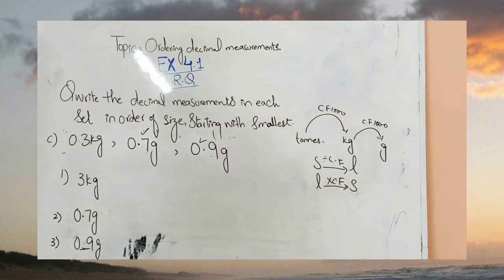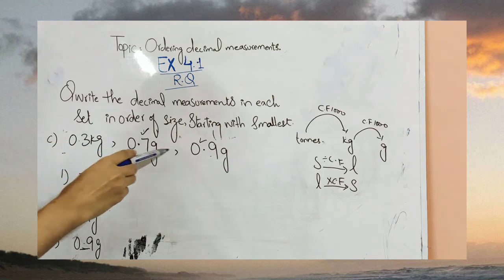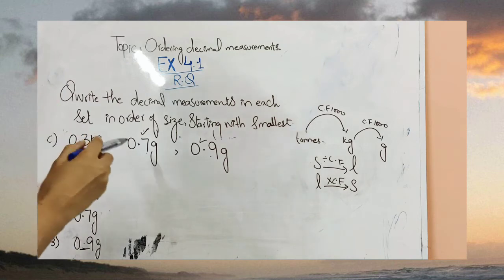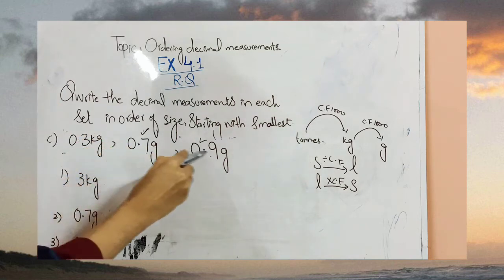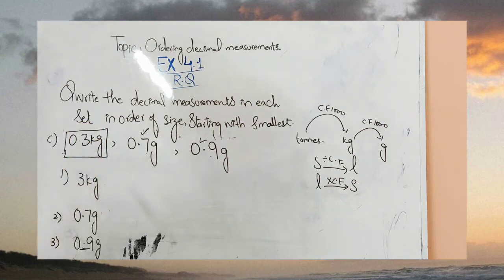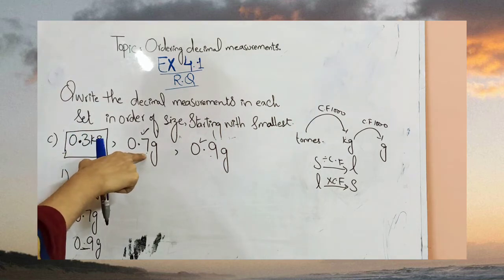Okay, now part C is 0.3 kg, 0.7 gram and 0.9 gram. We can see two values are in the same unit, but the third value is in a different unit. So it is easy for us to convert the one value into gram.